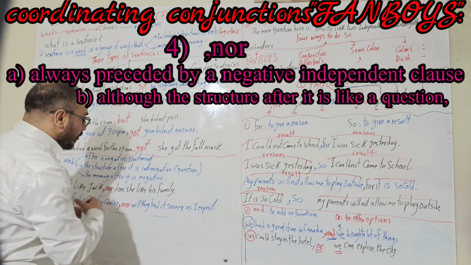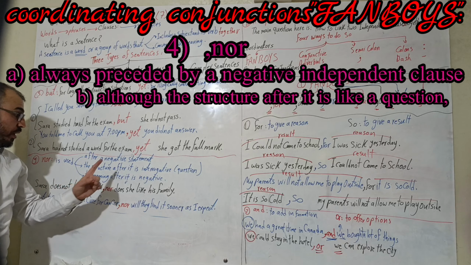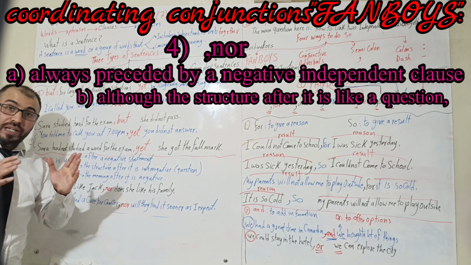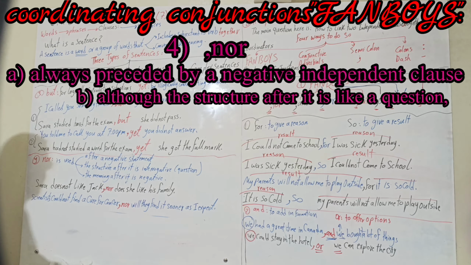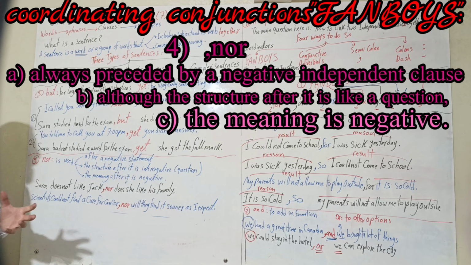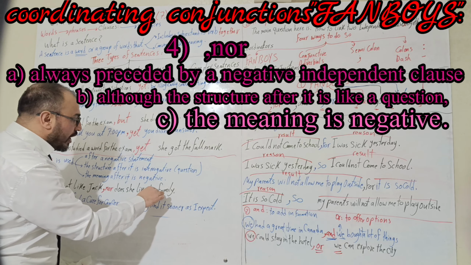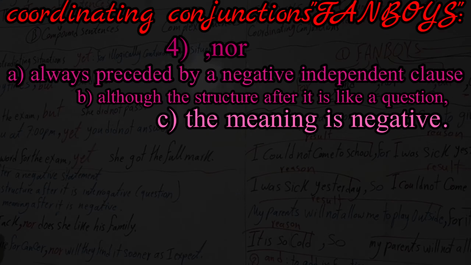Of course, here we don't use the question mark because although the structure after nor is interrogative or a question structure, the meaning refers to a negative statement. Let me explain it here. We say Sarah doesn't like Jack, nor does she like his family.